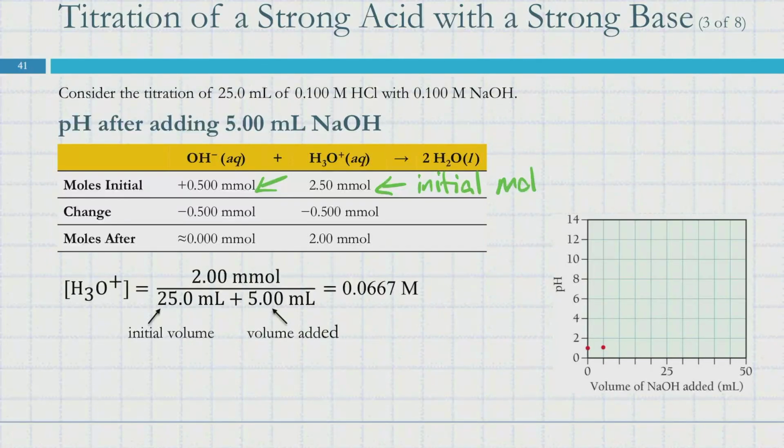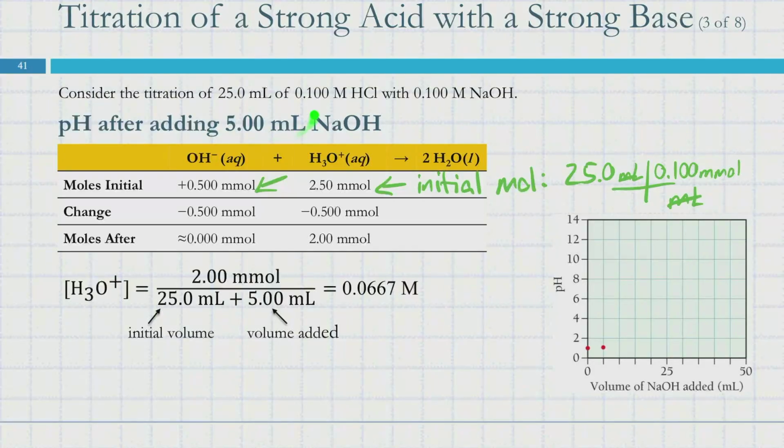For the H3O plus, it's 25.0 milliliters times 0.100 millimoles per milliliter. So that's how we end up with 2.50 millimoles.